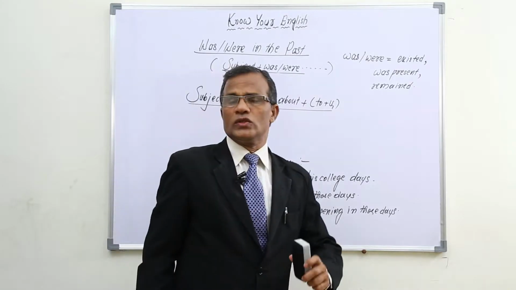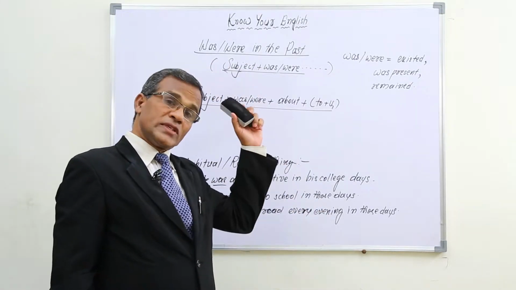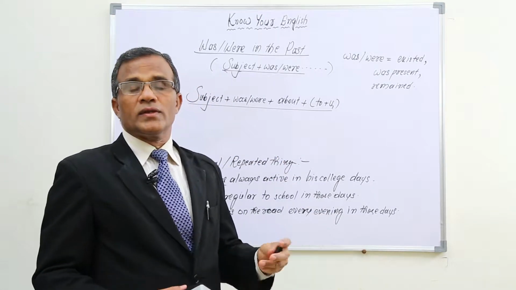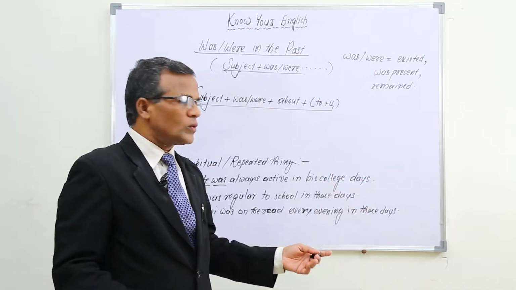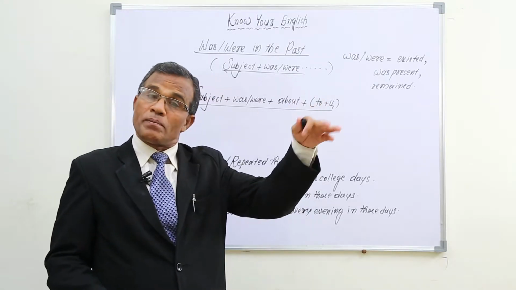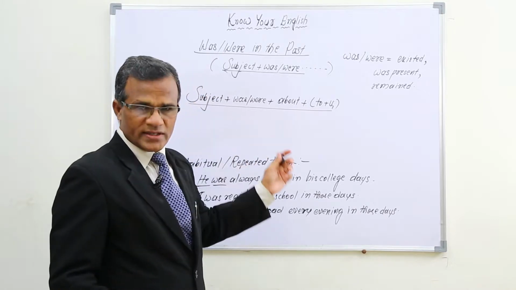This structure is used to talk about a thing which happened in the past, but in what way? A thing which was going to happen very soon. For such kind of things we use this structure.